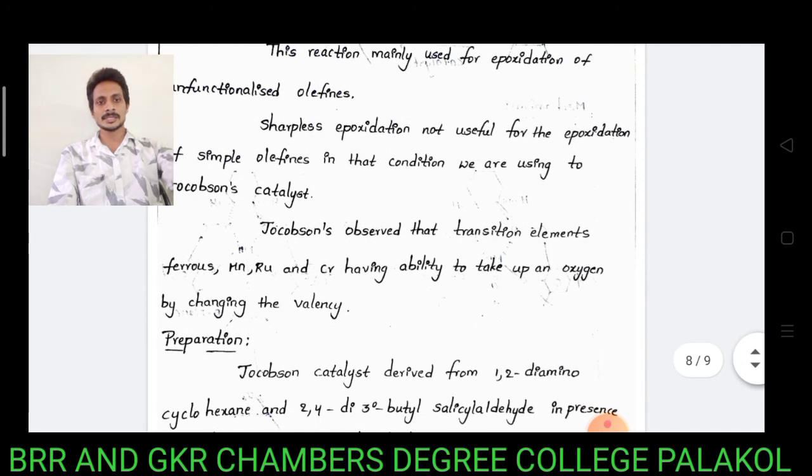Okay, Jacobsen observed that transition elements like iron, manganese, ruthenium and chromium are able to take up an oxygen by changing the valency.